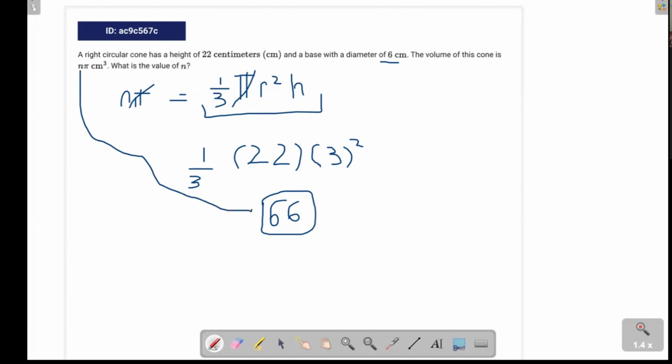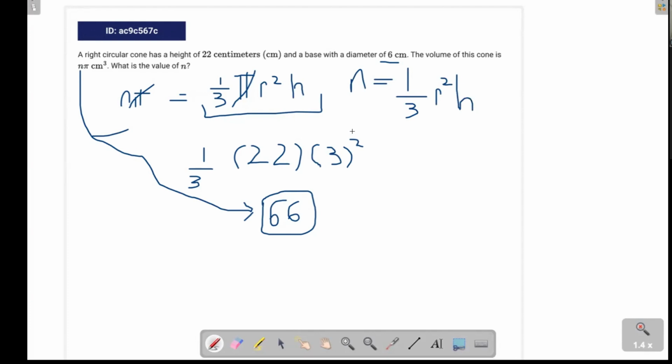Is anyone confused? This one's okay. Can I say it again? Yes, I can. The volume of a cone is equal to 1/3 pi r squared times h. And it tells us that the volume of the cone is equal to n pi centimeters cubed. So if you set n pi equal to the volume equation, you see that the pi's will cancel out, and n is then equal to 1/3 r squared times h.